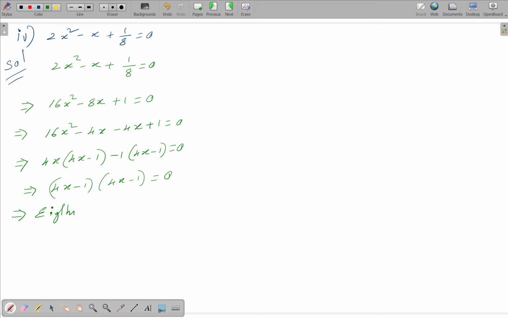Either x is equal to 1 by 4 or x is equal to 1 by 4. So the roots are repetitive.